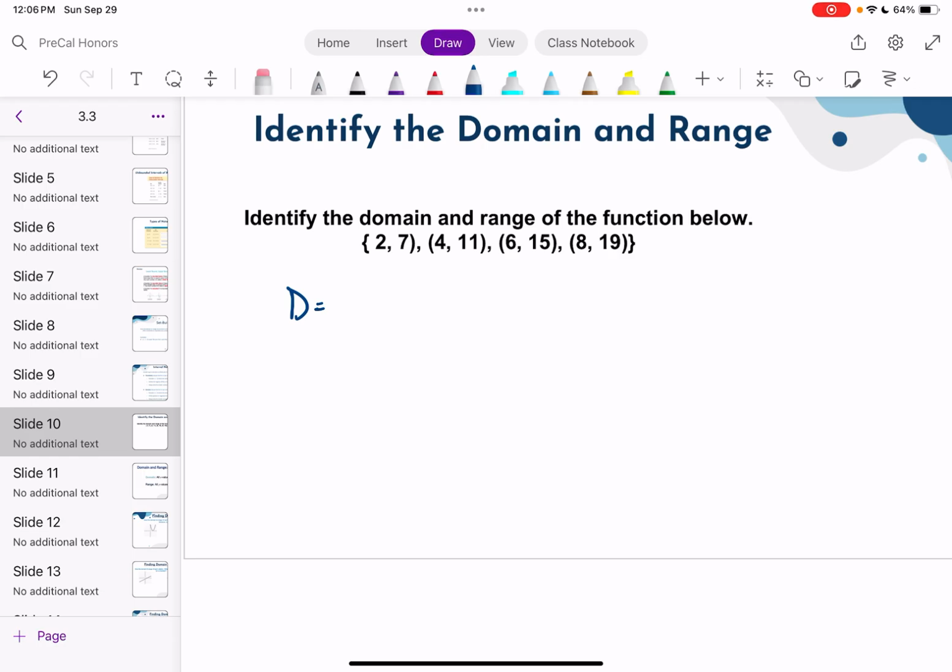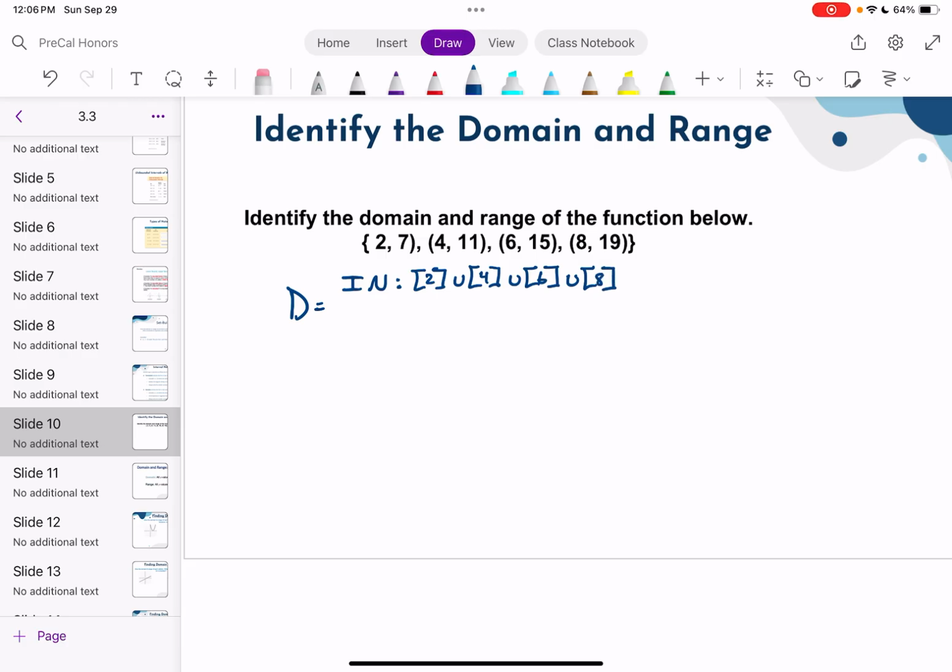So we are going to begin with interval notation. Because we are being given specific numbers, it would be bracket 2 in union with bracket 4 in union with bracket 6 in union with bracket 8.